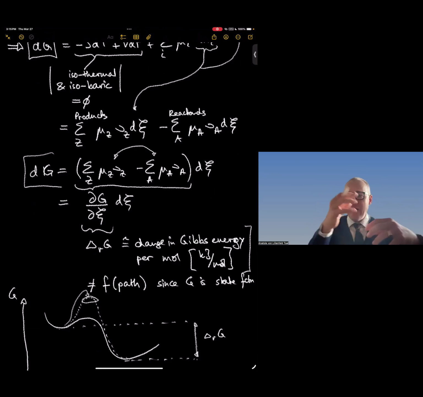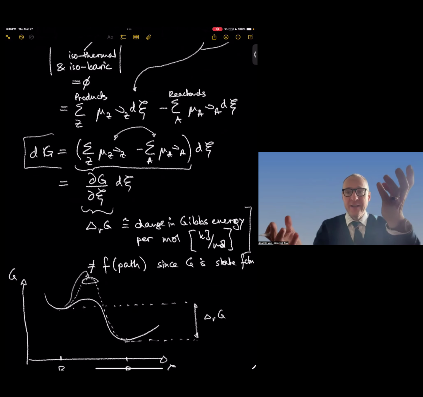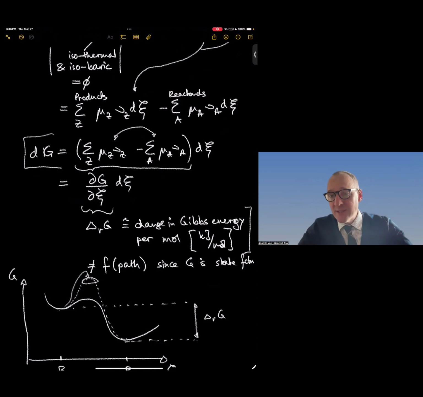So the actual path of how your reactant goes to the product, which is something I believe my postdoc told you about in the last lecture on Tuesday, right? This was a way to find the transition state geometries. All of that is irrelevant for us. The only thing that matters is the difference between the reactants and the products. So this is what determines your equilibrium constant, right?